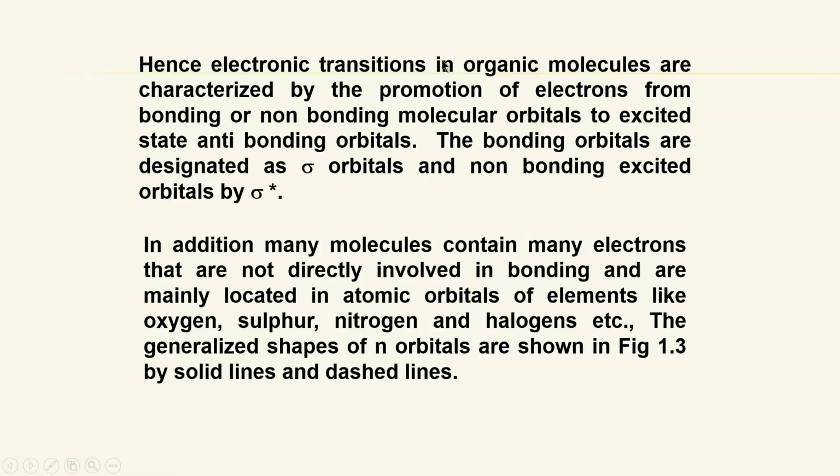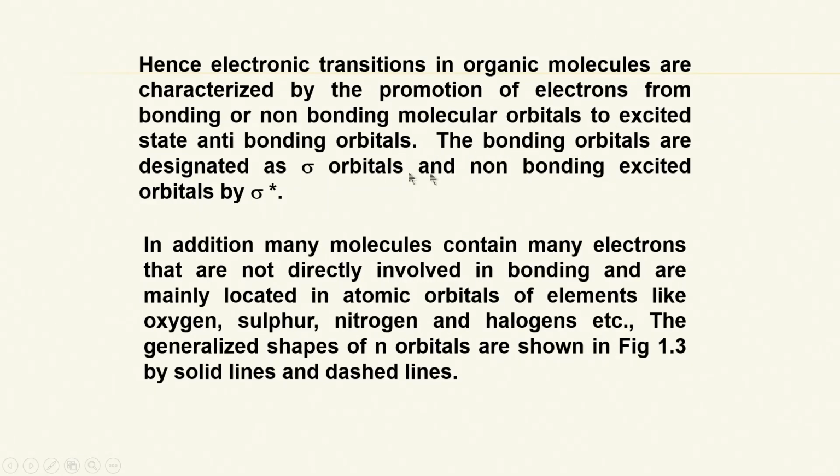The electronic transitions are all characterized by the promotion of electrons from ground state to higher energy state. That means, all electrons bonded in a single bond, double bond, etc., they are all bonding electrons. When those electrons are excited by interaction with the electromagnetic radiation, those electrons go to a state defined as non-bonding orbital, or anti-bonding orbitals, either of them.